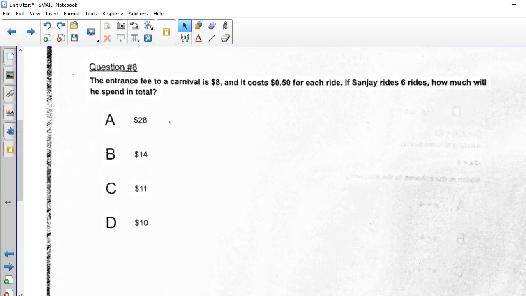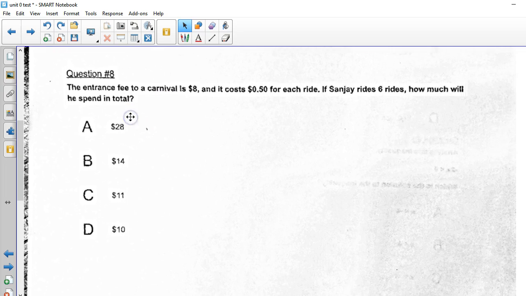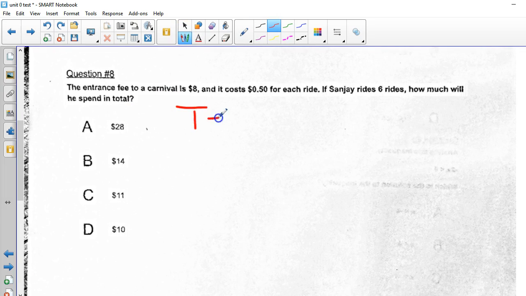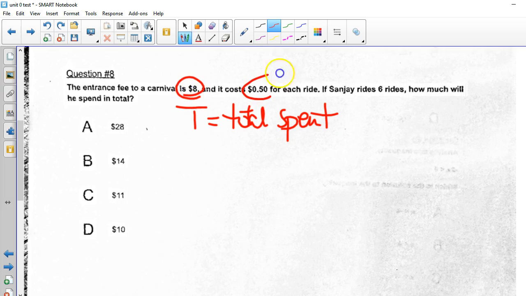So let's look at question number 8. The entrance fee to a carnival is $8 and it costs 50 cents for each ride. And Sanjay's going to ride 6 of them, so how much will he spend altogether? You can let T equal the total he spends. Now, we have a constant of $8 and we have a variable of 50 cents for each ride.